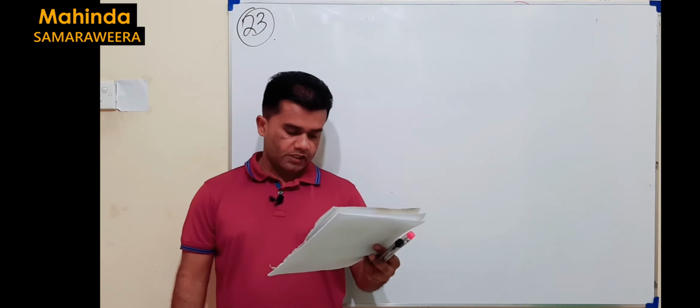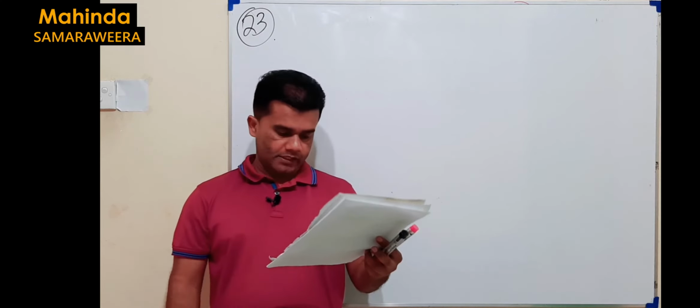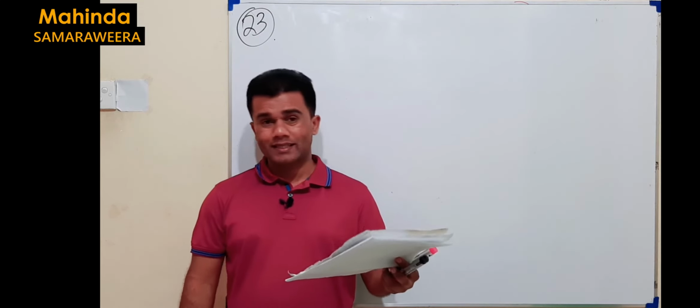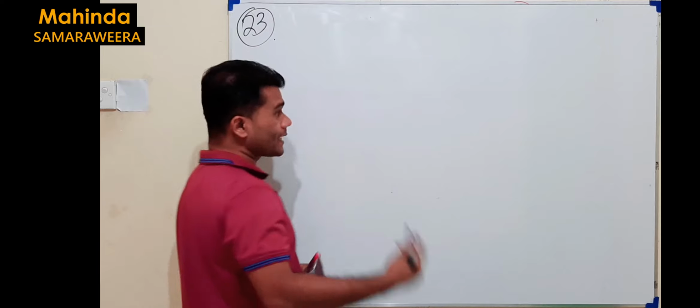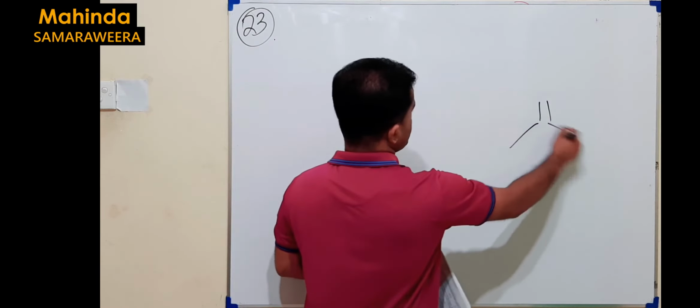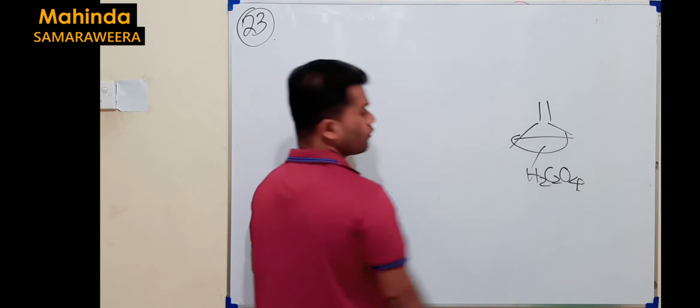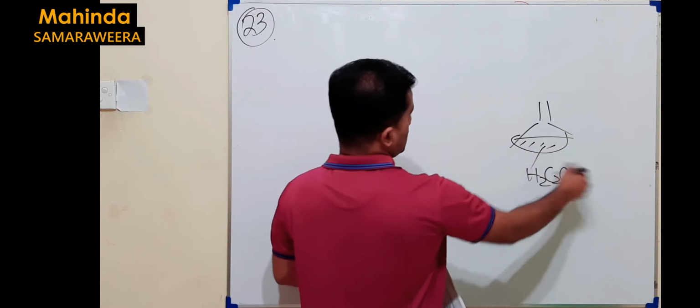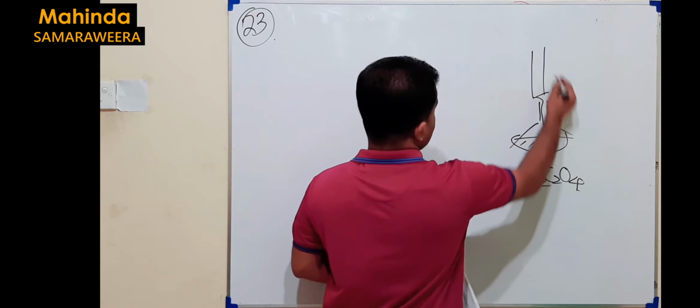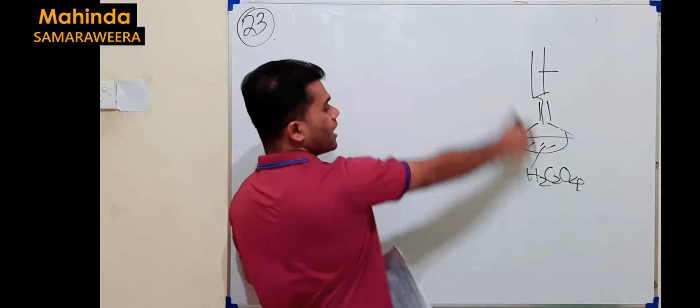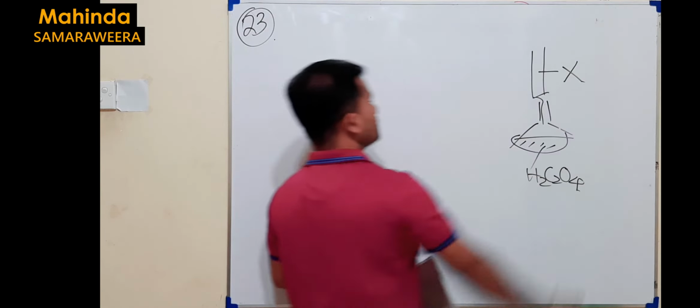23rd question: the concentration of an oxalic acid solution should be determined through a titration. So here you have oxalic acid, H2C2O4. Then we should add something to this, X, that should react with it.